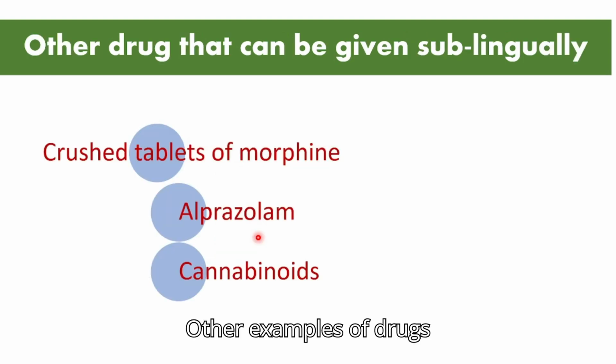Other examples of drugs that are administered sublingually include morphine, alprazolam, and cannabinoids, which can be given as oral drops.